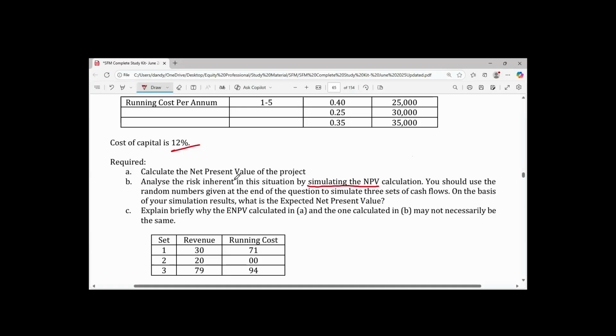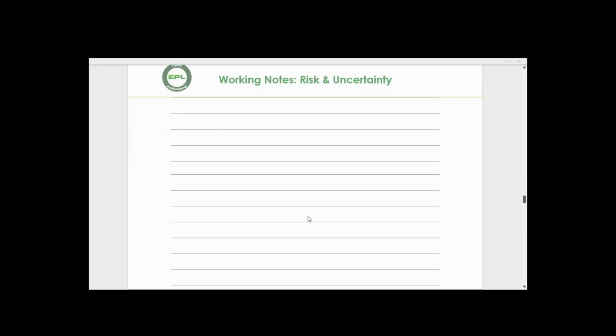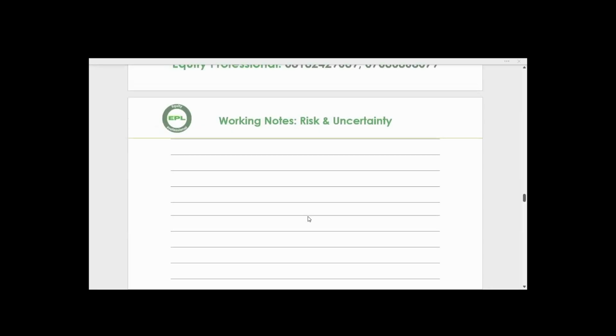We want to calculate NPV. Let me stop sharing and move to the working notes. So the examiner is asking us to calculate NPV. Solution to illustration 6.